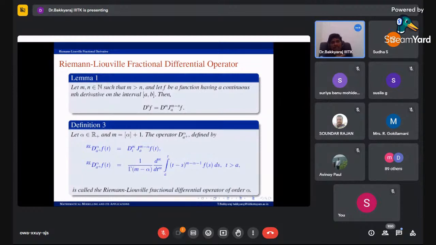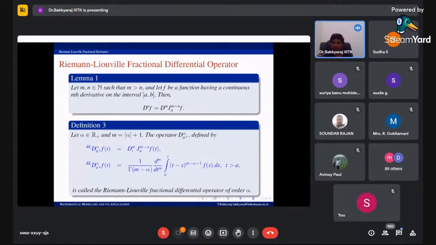There are drastic changes. This is a non-local operator. Suppose you want to evaluate the fractional derivative of f at a particular value of t, say t naught. For the classical derivative, you only need to know the value of f in the neighborhood of t naught, just f of t naught plus h minus f of t naught.